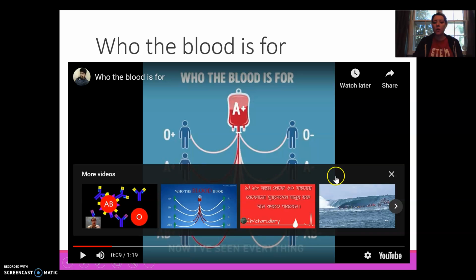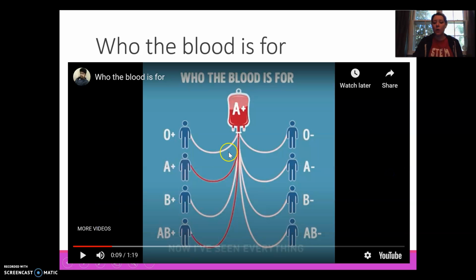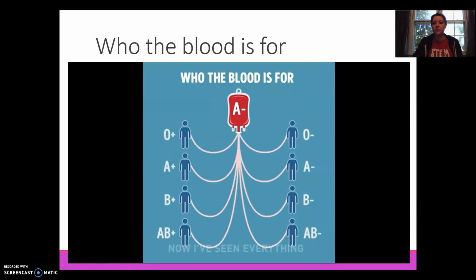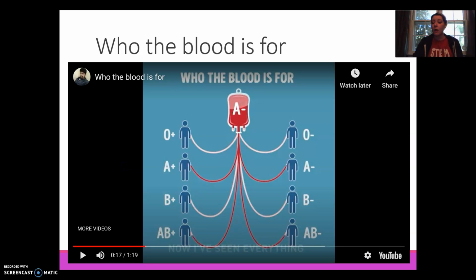Okay, so if you are A positive, you can only give to A and AB positive. You can't give to the negative side. And then if you are A negative, you can give to the A and the AB side, for positive and negative.